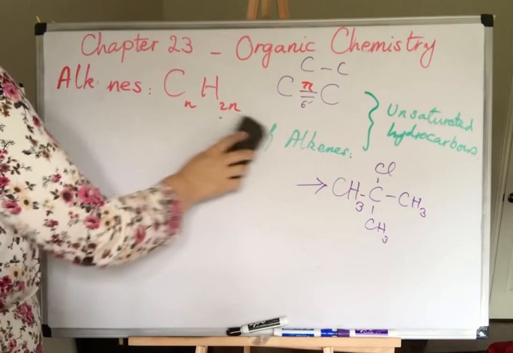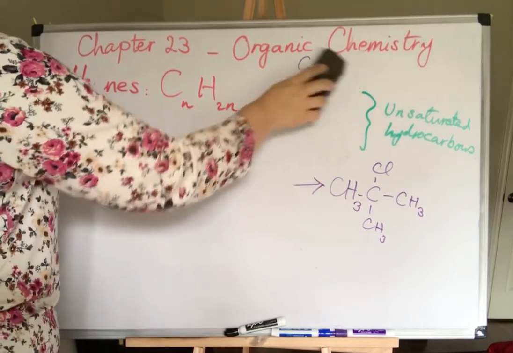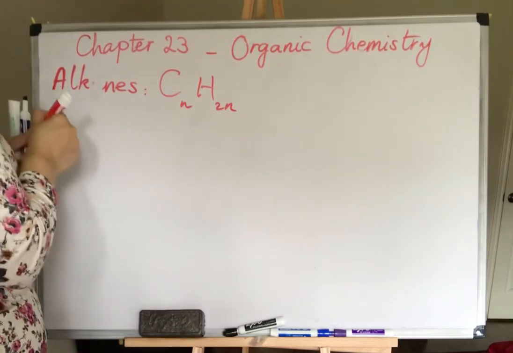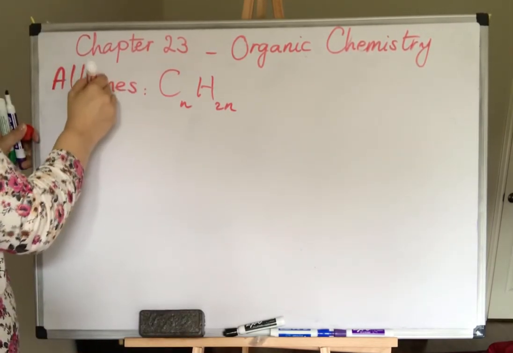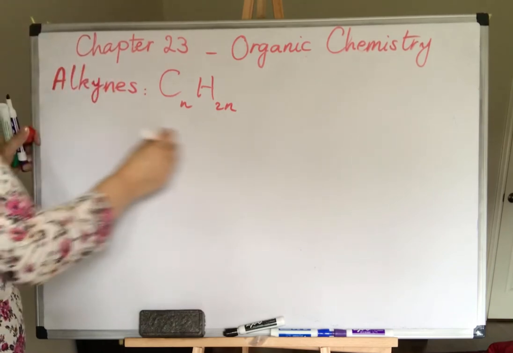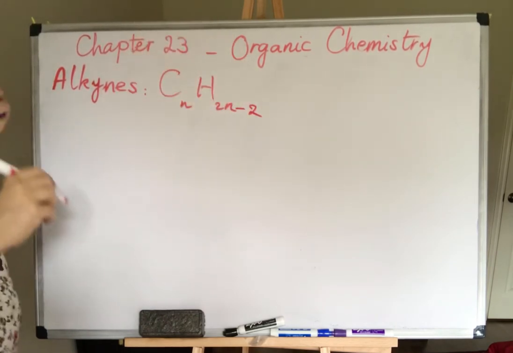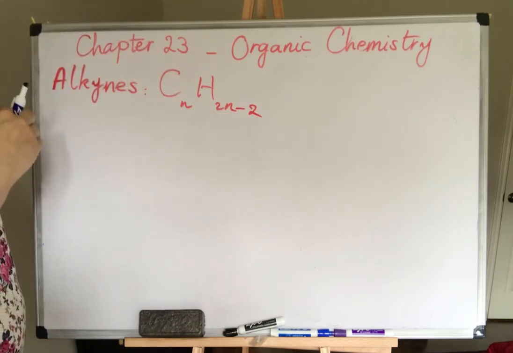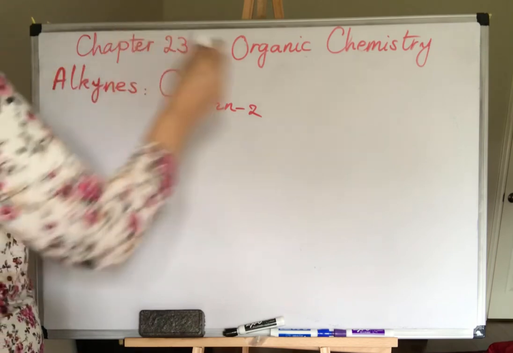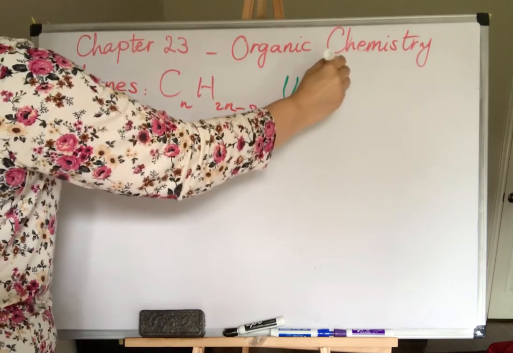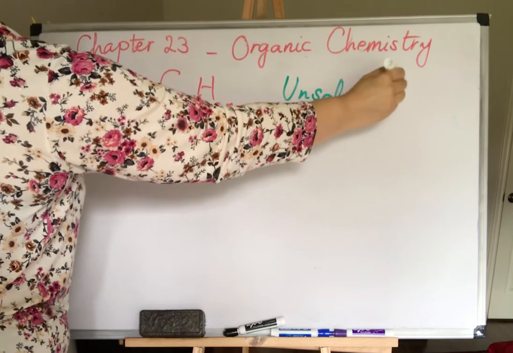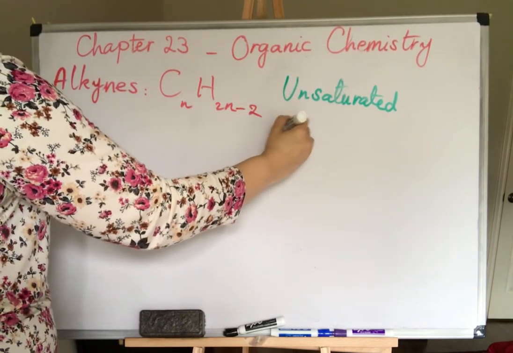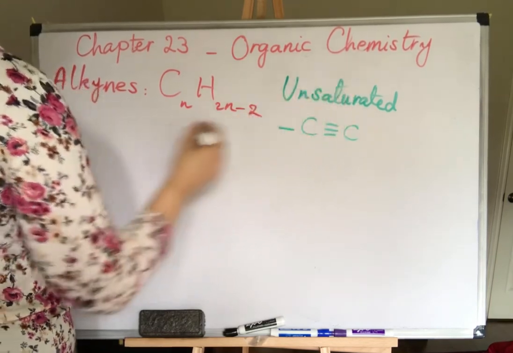And for alkynes, I just introduced the structure of alkynes to you because I don't want you to be worried about the reactions. Reactions of alkynes are very similar to alkenes, but you need more material. Alkynes, you remember we said their formula is CnH2n minus 2, and they are unsaturated, and you have a carbon triple bond.